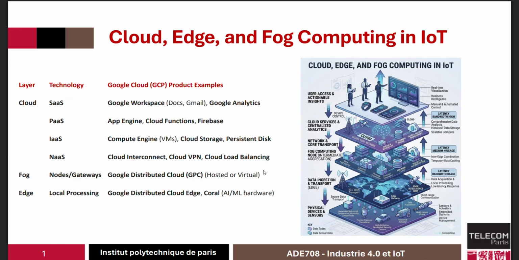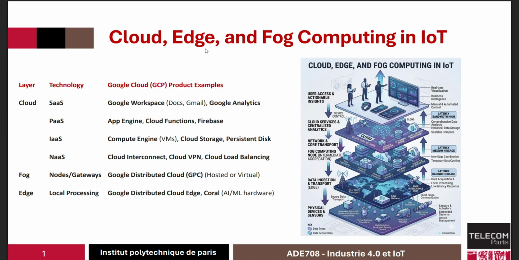So for the cloud part, I presented quickly the layer and why it's very important, but actually cloud is not the only main technology used in IoT, because we have two other aspects that can be used for more efficiency, more reliable latency, and in general more performance. Among those technologies, we have the Edge.